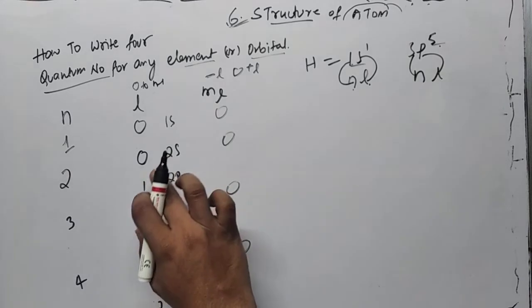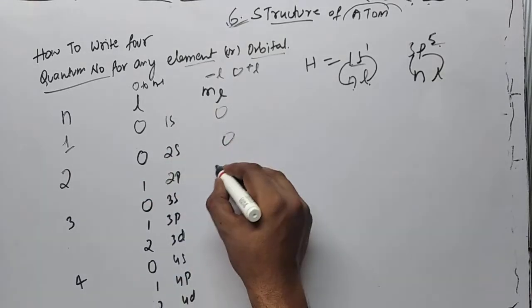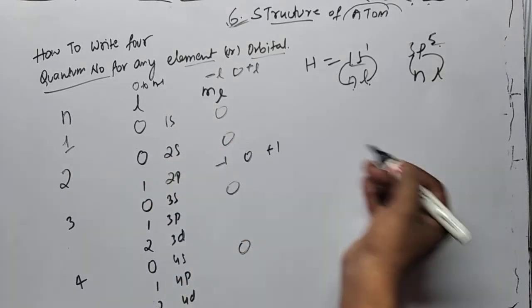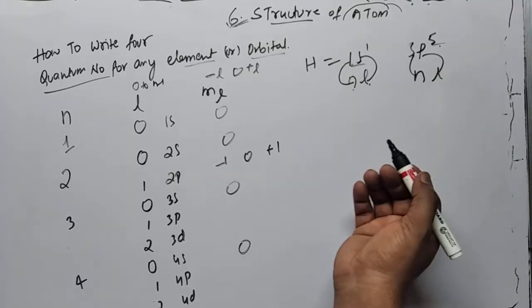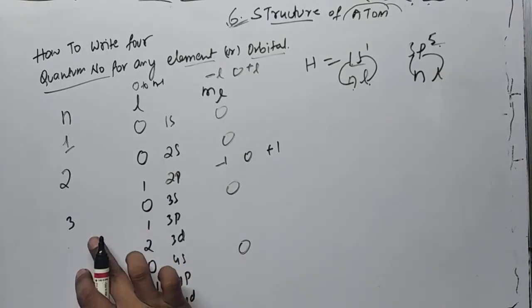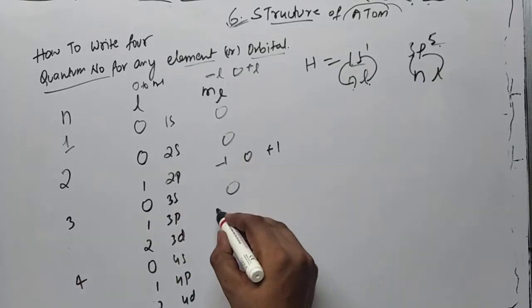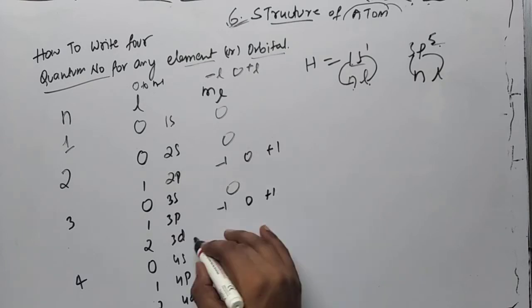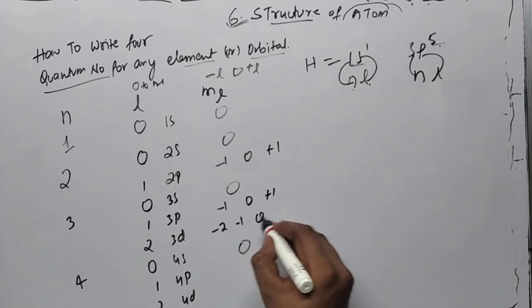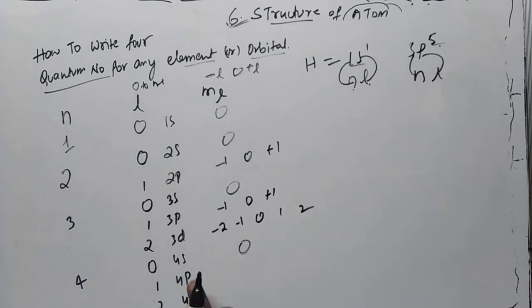But when l value is 1, ml values will be minus 1, 0 and plus 1. If l value is 2, minus 2, minus 1, 0, 1, 2. If l value is 3, minus 3, minus 2, minus 1, 0, 1, 2, 3. These are the values.